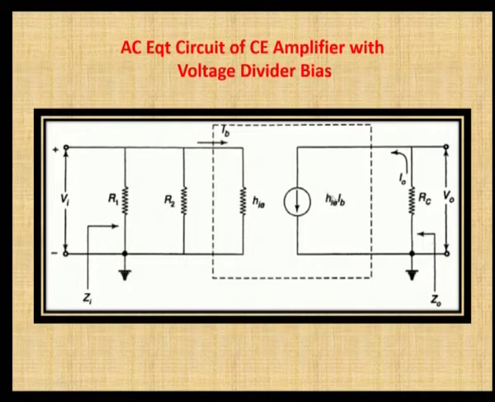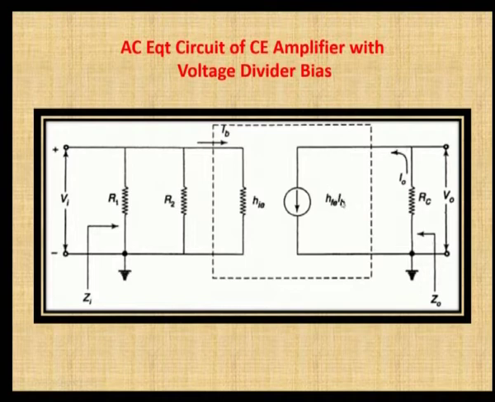If you replace this HFE, what is the equation? HFE is the forward current transfer ratio. The forward current transfer ratio is output current divided by input current, and what is the output current here? It is IC. Input current is IB.